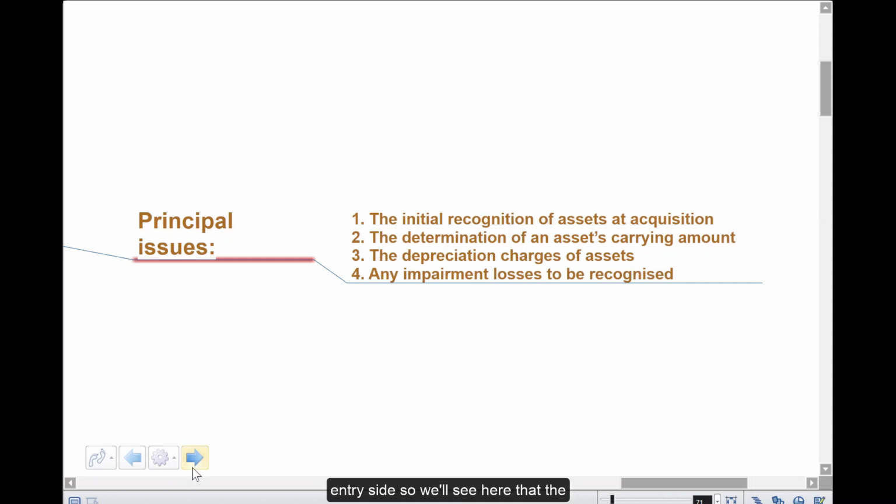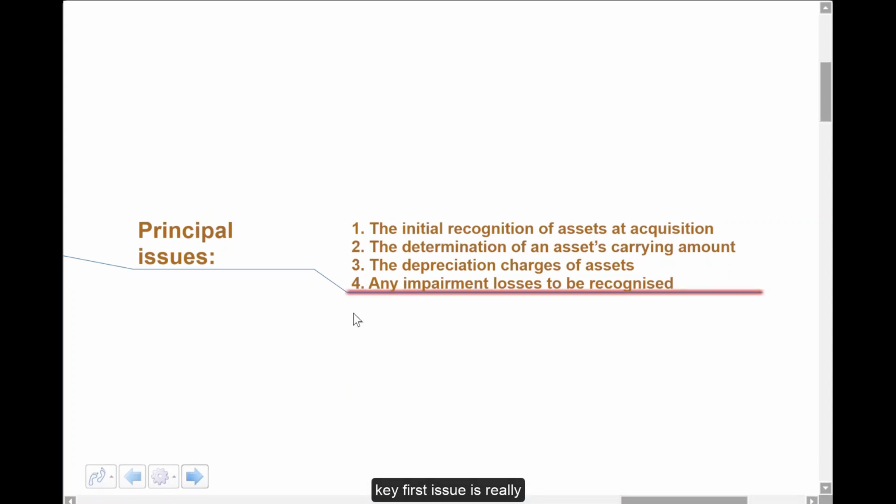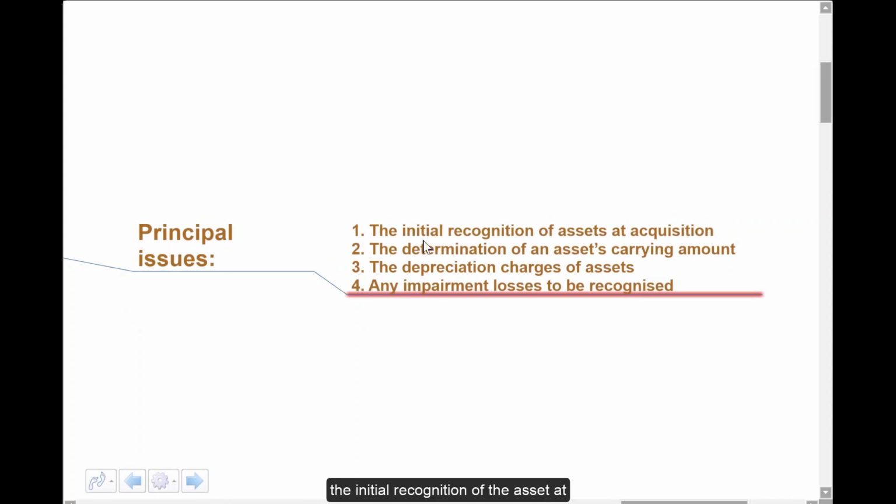So we'll see here that the key first issue is really the initial recognition of the asset at acquisition. So I guess what we're talking about there is the purchase. So we bring an asset, let's say a piece of equipment, into our business. We buy an asset. So we've got to record it, in some way a debit or in some way a credit.